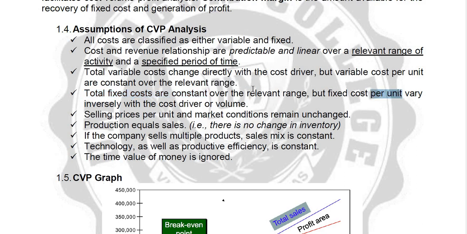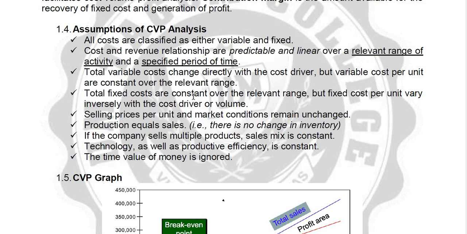But in terms of per unit, take note that it varies inversely with the cost driver or volume. So, our total fixed cost is constant, but your fixed cost per unit is inversely related to your cost driver or volume.